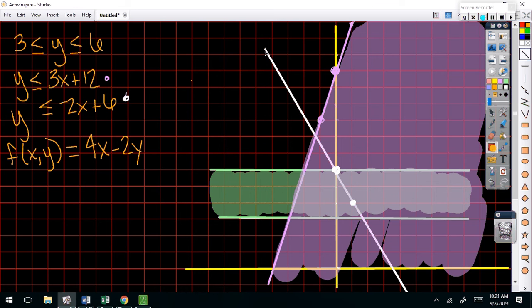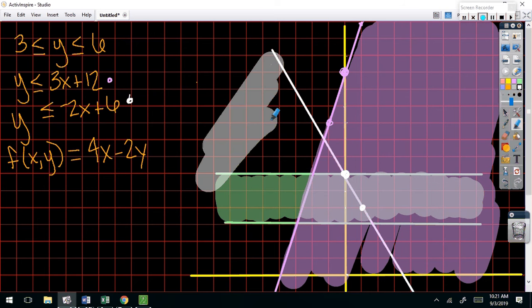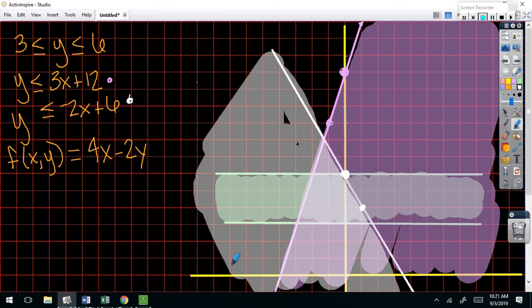Down or up? Down. All right, so nothing new here, right? Everything we have already done. Here comes the new stuff. Actually, still not new quite yet. I'm going to do this in yellow so you can really see it. This is my feasible region, yes?